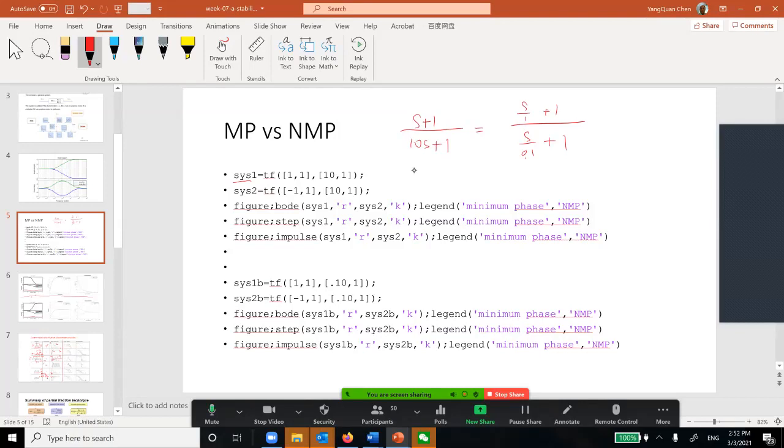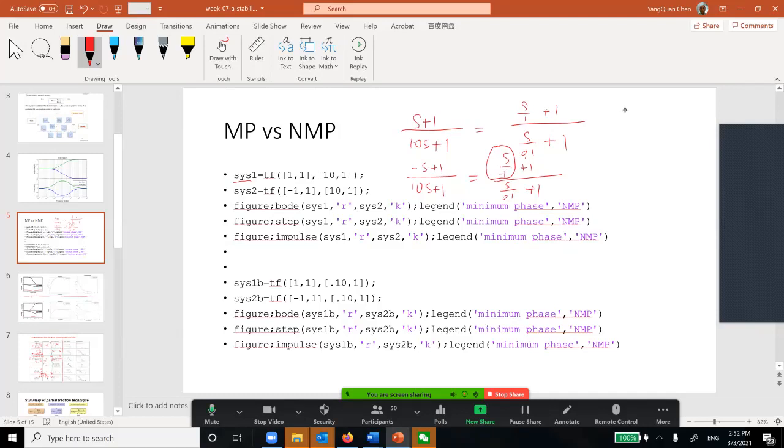The second one has a minus s plus 1, the same s plus 1, so s divided by minus 1 plus 1, with s divided by 0.1 plus 1. I'm doing the Bode plot for you, and you can see that I changed the sign here.